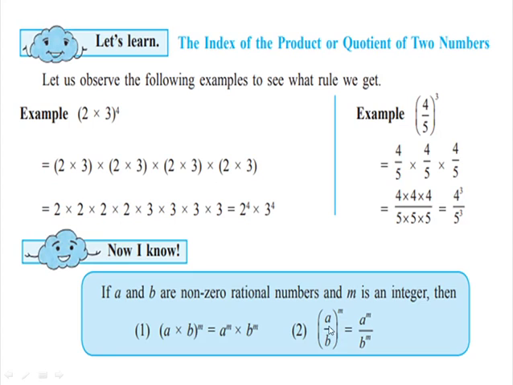That is, you can take any rational number except 0. And m is an integer, that is, either you take negative integer, positive integer or 0 in the index, then a multiplied by b whole raised to the power m equals a raised to m multiplied by b raised to m. Also a upon b whole raised to m equals a raised to m upon b raised to m. Here we have seen the index of the product or quotient of two numbers.